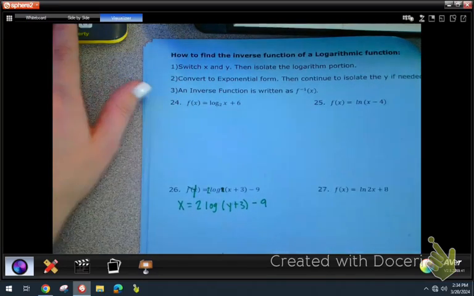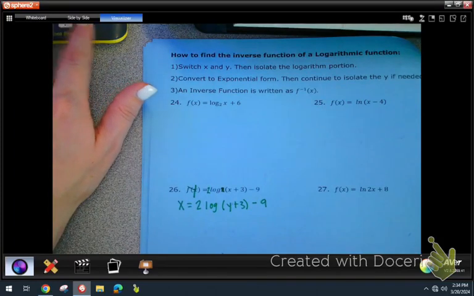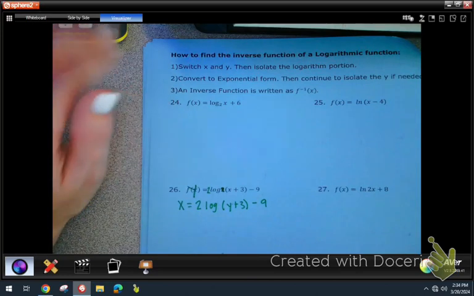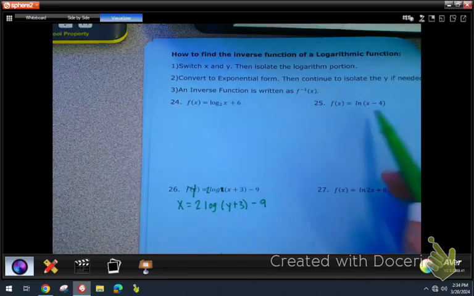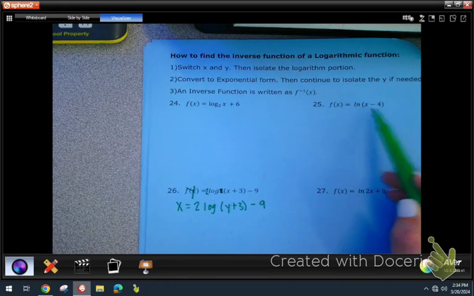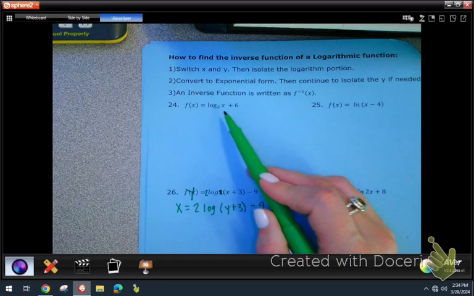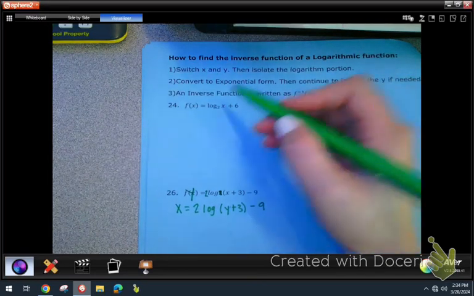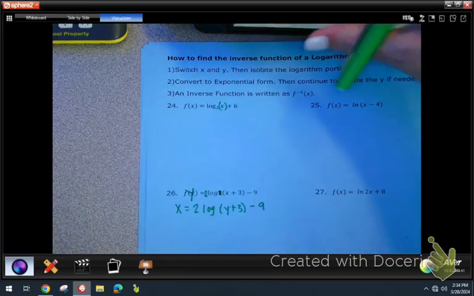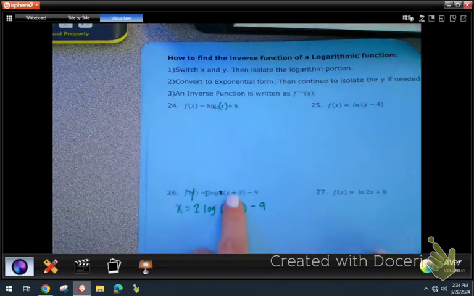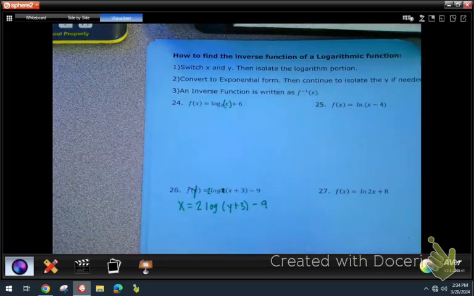So again, back to the argument thing. I believe it should be pretty obvious. If something is part of the argument, they will put it in parentheses. Like you can see on number 25, x minus 4 is the argument. What's the argument on 24? It's just the x. So if there are more terms in the argument, kind of like this one and this one, we will put them in the parentheses for you, okay?